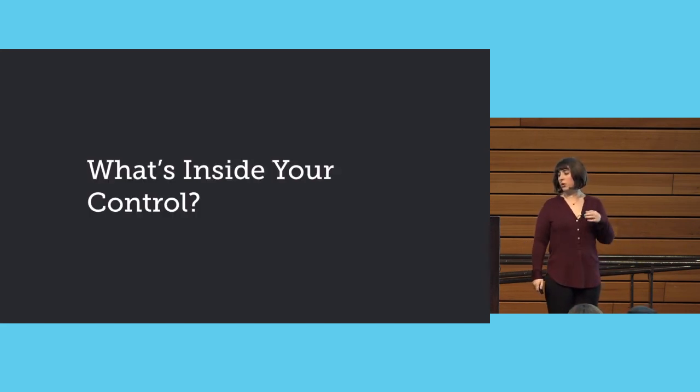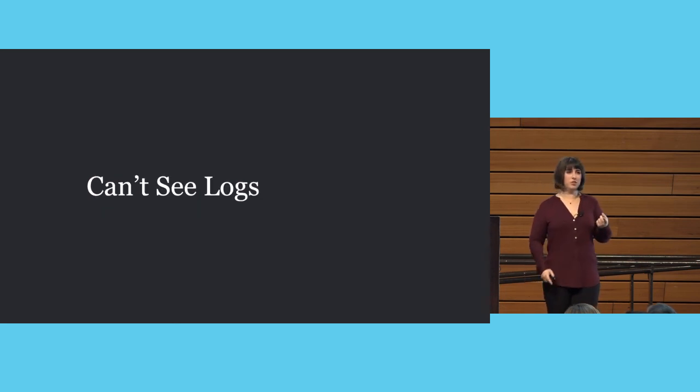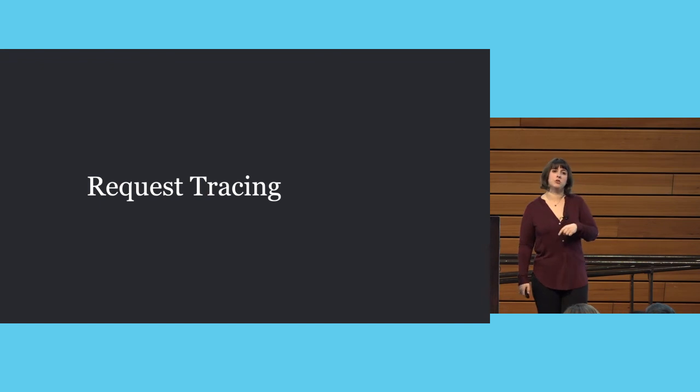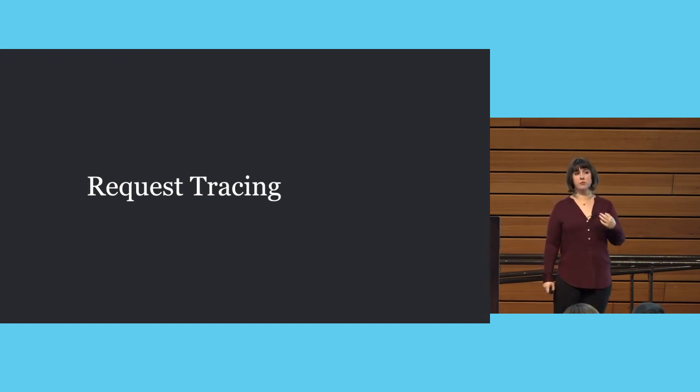So what is inside of your control when you're debugging a system, there's an external failure, you can't fix it, what do you do? Well, can't really do anything with logs, unfortunately. You can use request tracing. More and more public API providers will let you send a request ID header, and they will send it back to you.